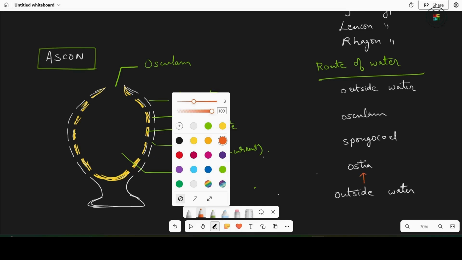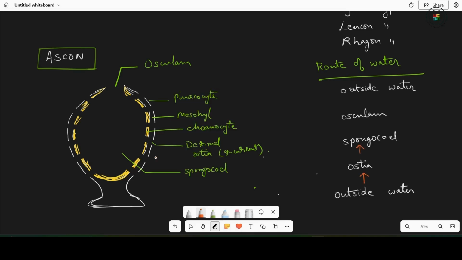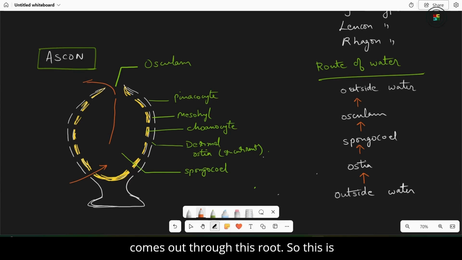Right? So how does water go? Through this route, and then it comes out through this route. So this is the route of water in Ascon types.